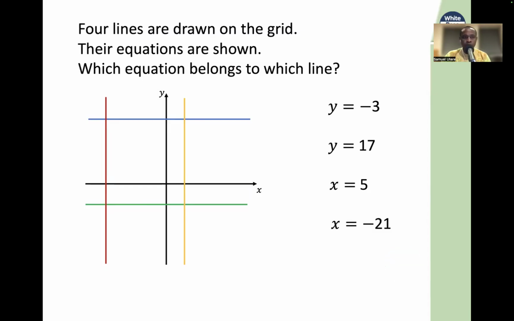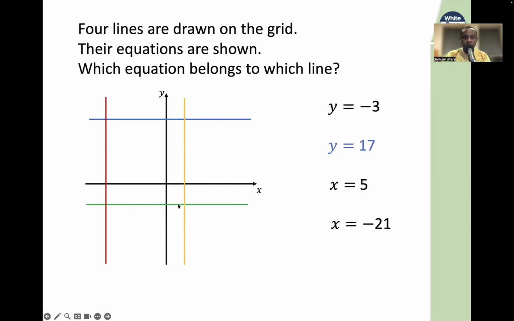If we start with the blue, you can see that this is at the part of the coordinate system where y has to be positive. If you look here, the only value of y that is positive is y equals 17. So we can say that belongs to that line.